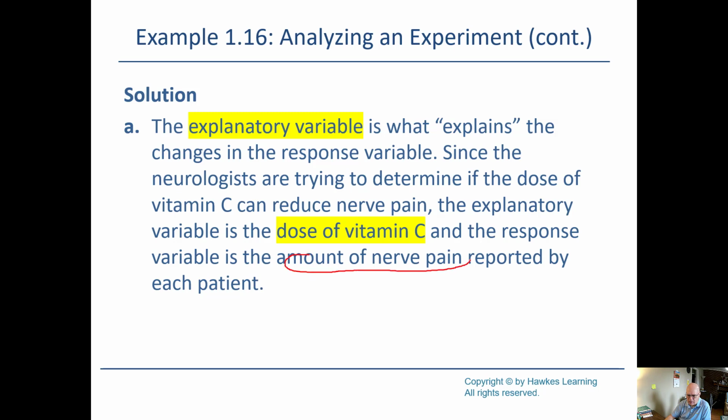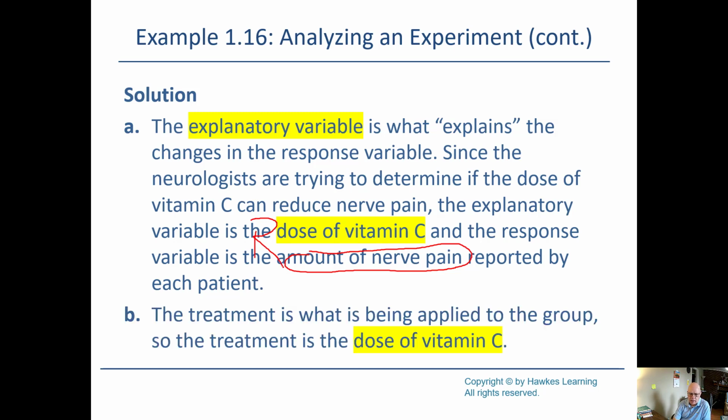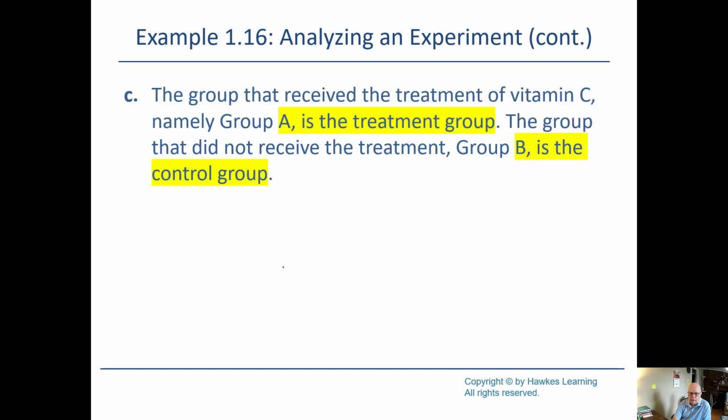Amount of nerve pain. That's the response. There we go. The treatment is the dose of vitamin C. A is a treatment group because they actually got the vitamin C. B is a control group, they just got the saline.